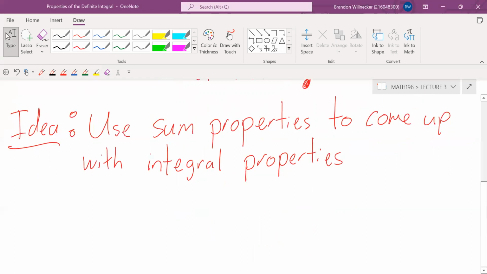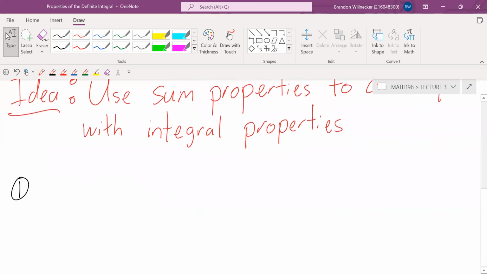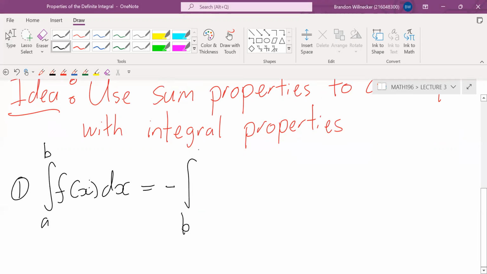Okay, so some of the important properties. Number one, the integral from a to b of f of x dx is equal to minus the integral from b to a of f of x dx. Now, this is not because of any sum properties.